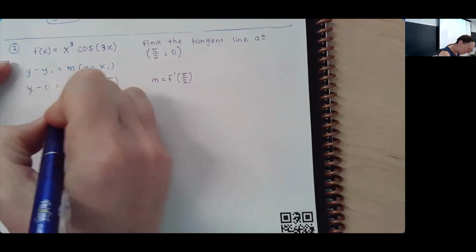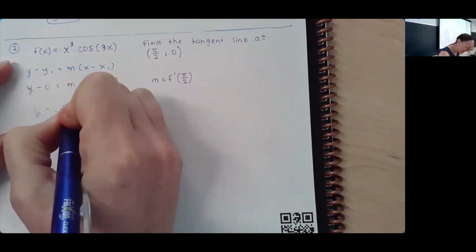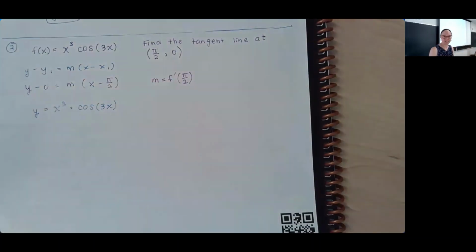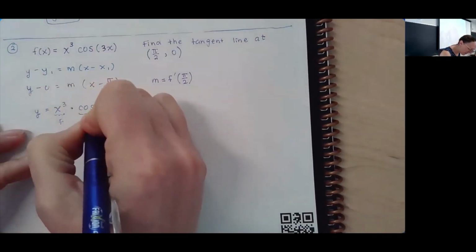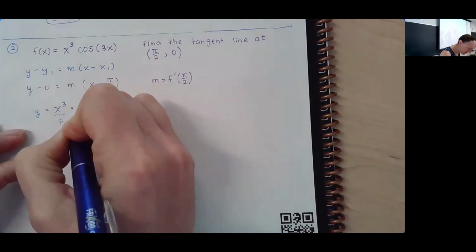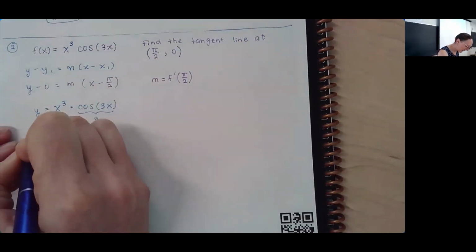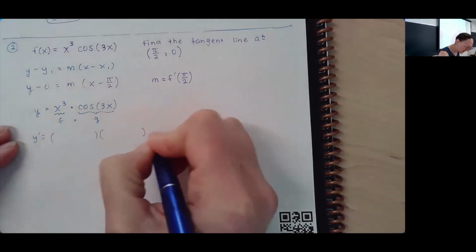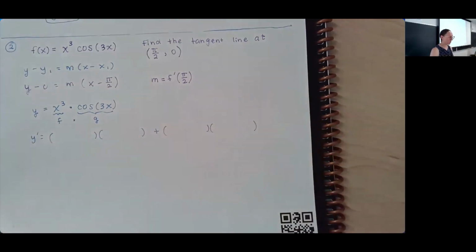So the first thing that I want to notice is if I've got x cubed times cosine of 3x here, I'm going to need a product rule. So I've got an f and a g. So when I go to write that derivative, I like to give myself parentheses because I know I'm going to have 4 things that I have to pull together for the product rule.